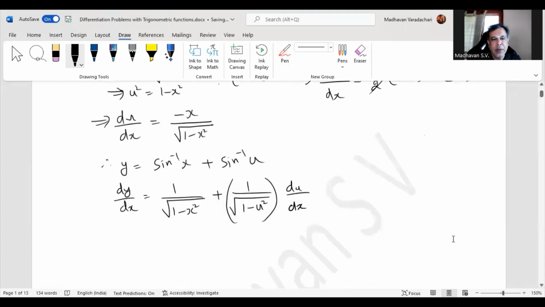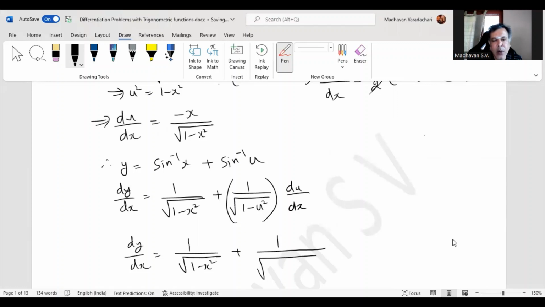So we can rewrite this dy by dx as 1 divided by square root of 1 minus x square plus 1 divided by square root of 1 minus, substituting u square as 1 minus x square, times du by dx. Du by dx we already calculated, it is minus x divided by square root of 1 minus x square.